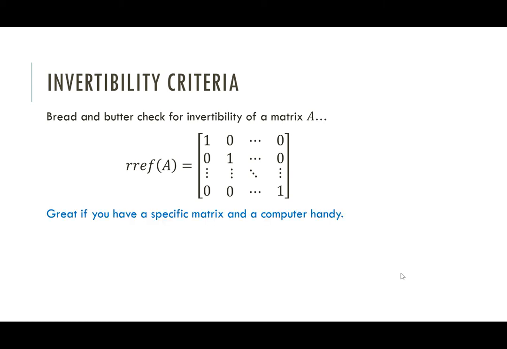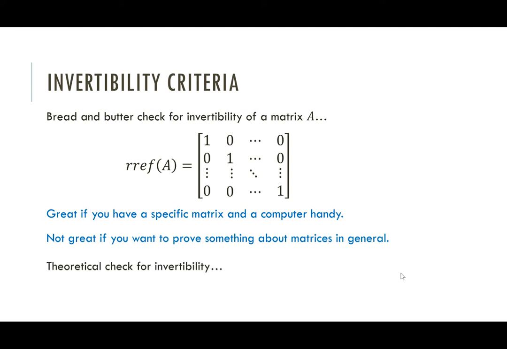This is a great system if you have a specific matrix that you're looking at and a computer handy to calculate the RREF for you. But this is actually not great if you want to prove things about matrices in general. If you want to do that, you might want a more theoretical check.